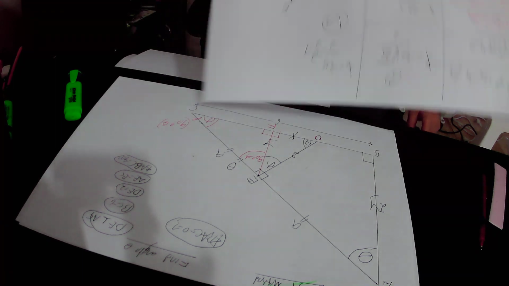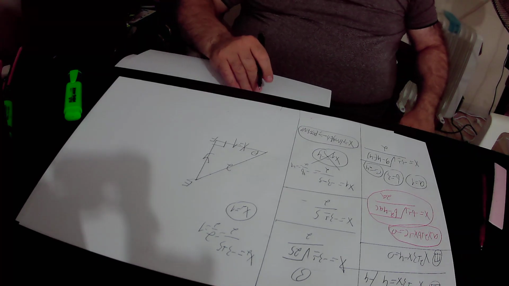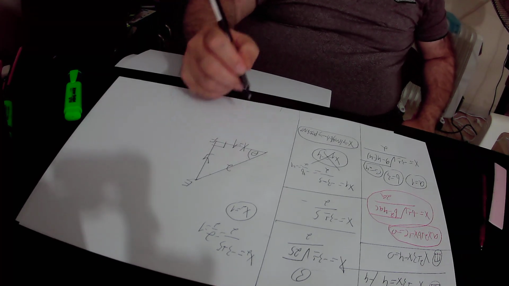So this is the right triangle EDF, this is angle theta.